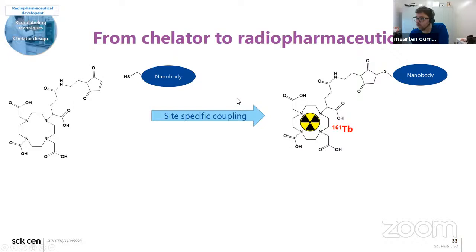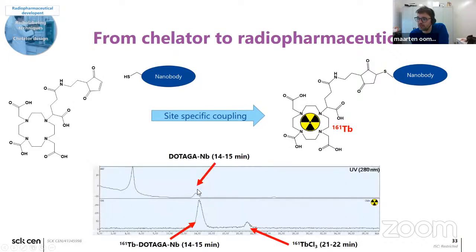You can clearly see here, in this size exclusion chromatography, that your terbium is highly associated with the nanobody. There's always a little bit of terbium that did not react, but that was less than a few percent. So we were very happy with these radiolabeling results, showing that we really could radiolabel our nanobody with terbium.